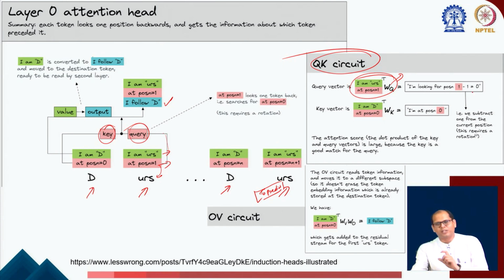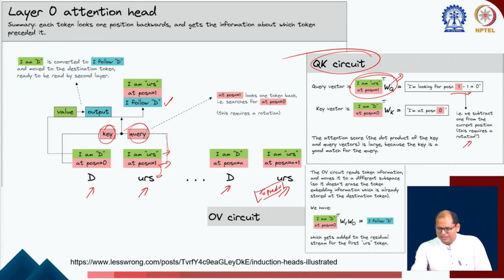Assuming sinusoidal and other embeddings that are based on rotation, you can simply do some rotation. Otherwise, there is no concept of position. So you do some rotation, and then you can look for the previous position.